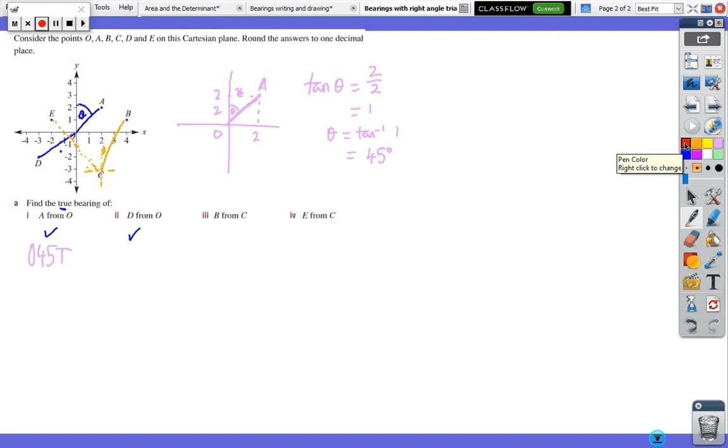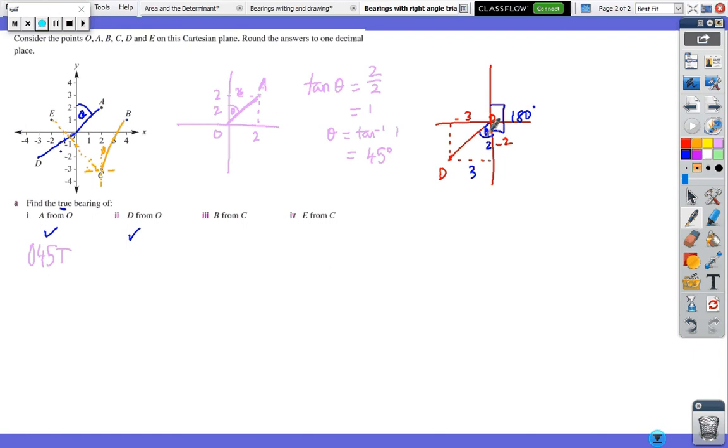Next one we're going to do is D from O. So there's O, D. The numbers that we'll use are going to be 3 and 2, and we're trying to find that angle there, and then we're going to add 180 degrees to get the true bearing.